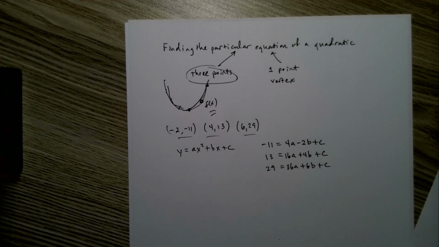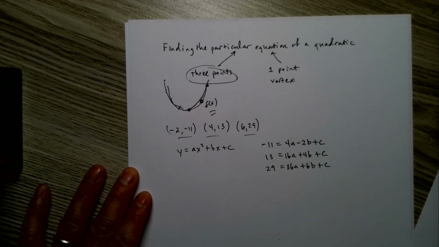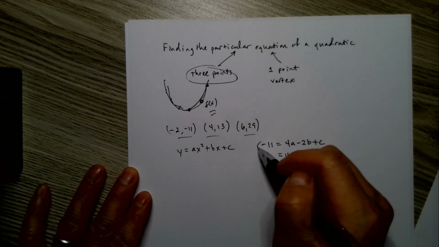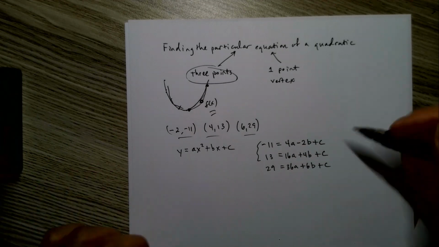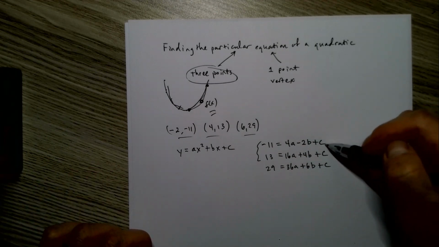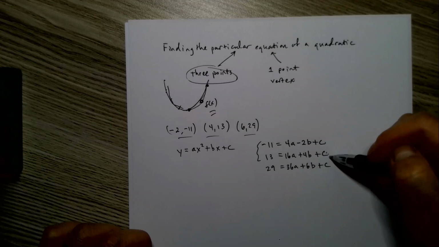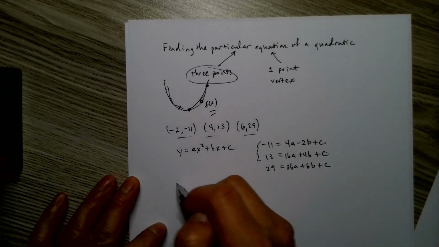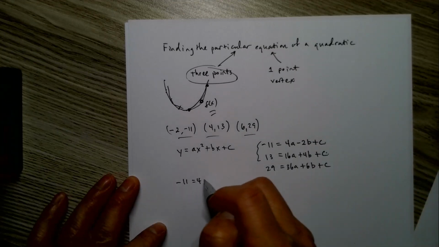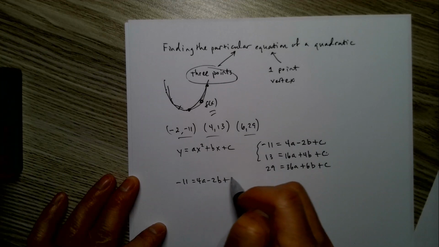So I'm going to do this by linear combination, also known as elimination. I'm going to take the first 2 equations first, and I'm going to subtract them, since I know the c's will disappear when I do that. I'm just copying them down right here.